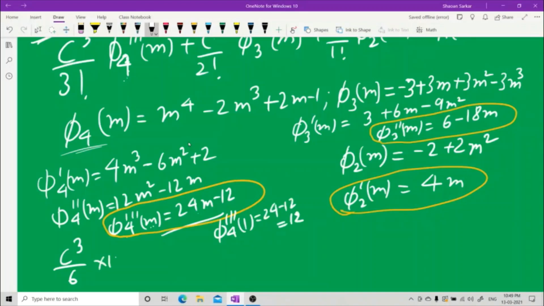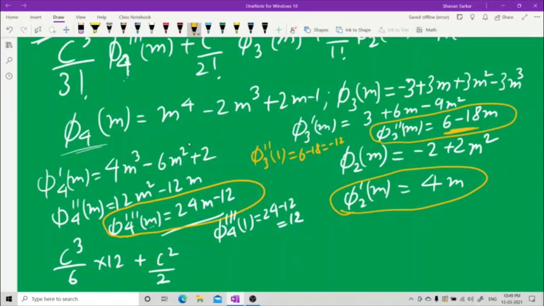Put 12 here. Plus c square by 2 factorial, and 2 factorial is 2. Now phi 3 double dash at 1 will be, from here, 6 minus 18, which is minus 12.